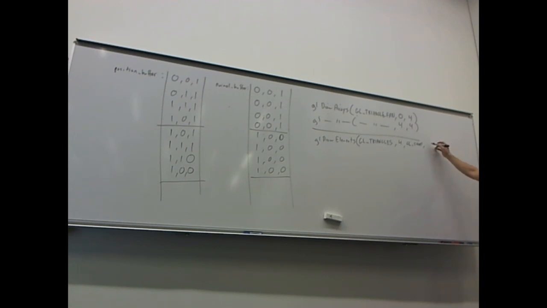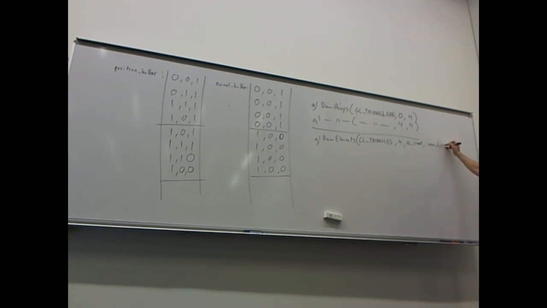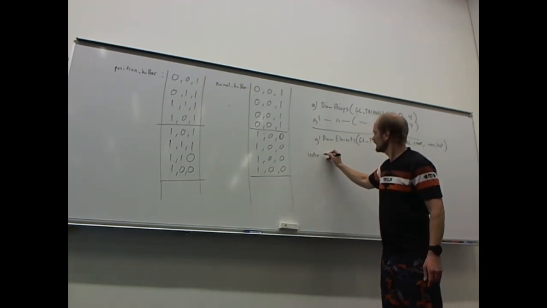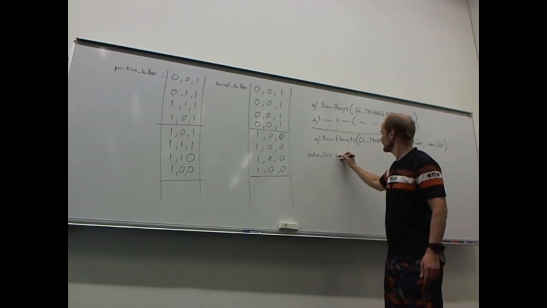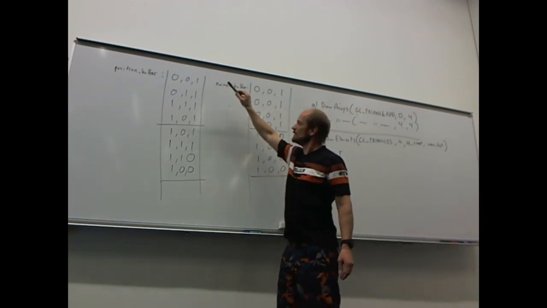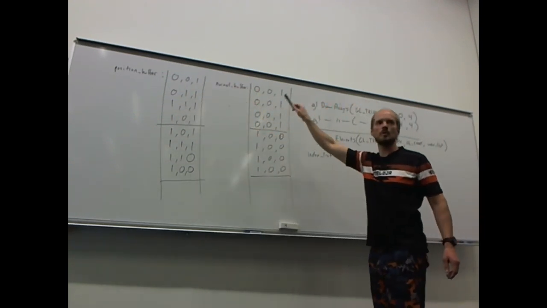And then we have basically an index array, let's call it index list. So our index list would be a list of indices that tell us in which order we want to draw this.